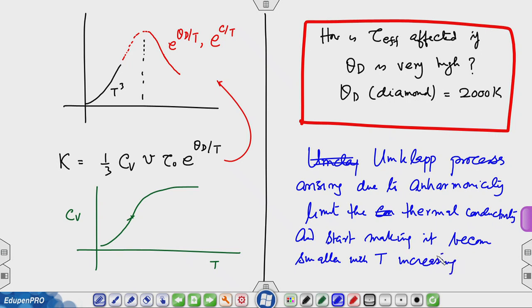So, it's a scattering mechanism that comes into play as you raise the temperature, and that scattering mechanism limits the conductivity.